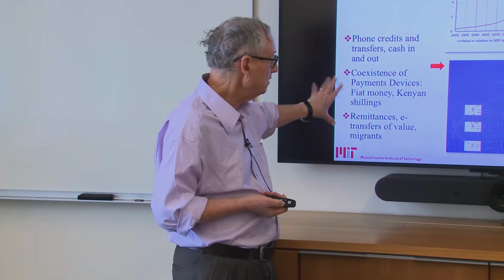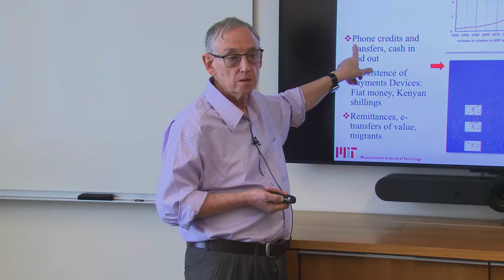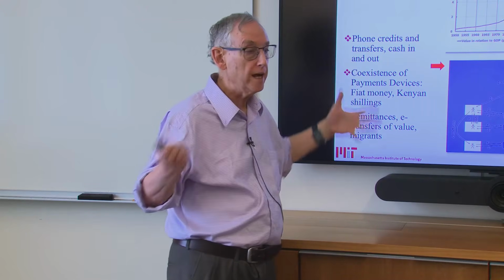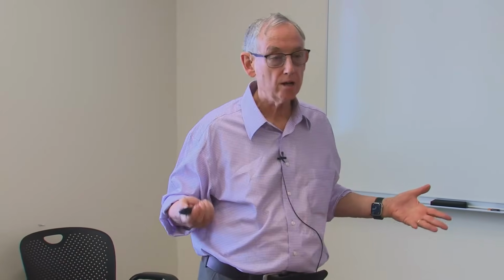This is Kenya, and here the e-money, so to speak, is basically phone credits. So they jumped the landline technology. Almost everyone has a cell phone, and they have multiple accounts on cell phones.